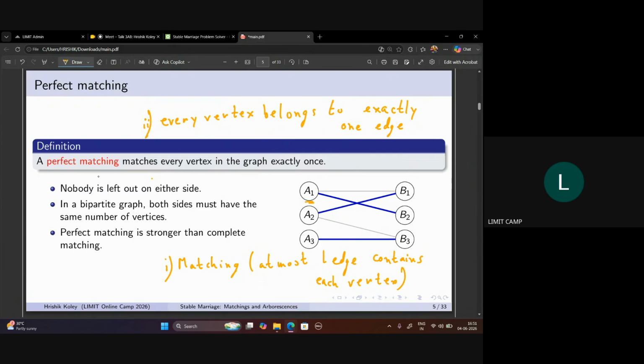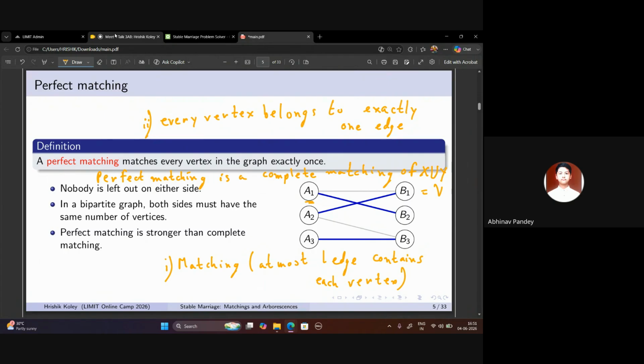So basically, you can say that a perfect matching is a complete matching of X union Y, that is the vertex set.